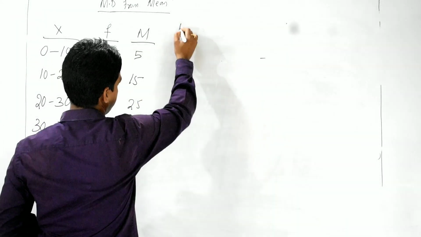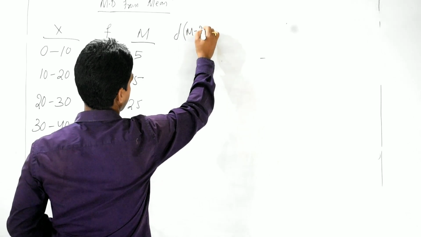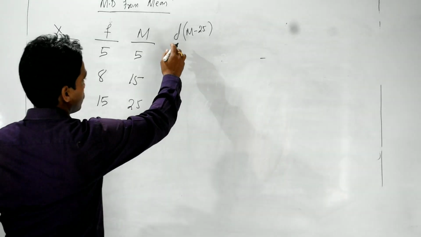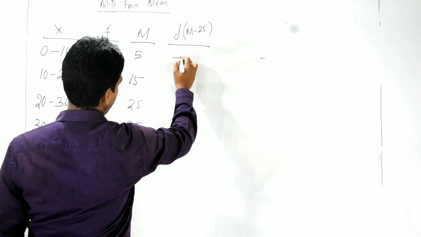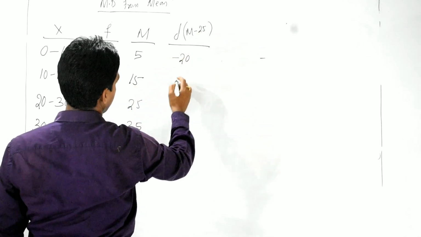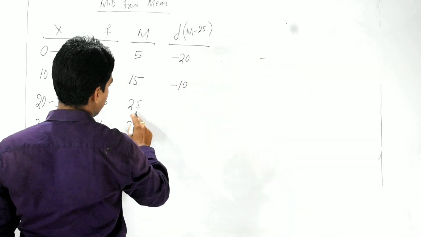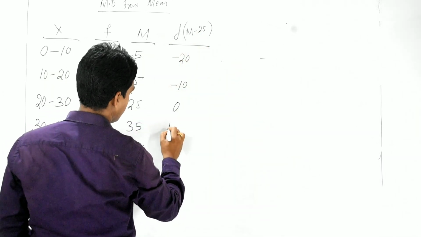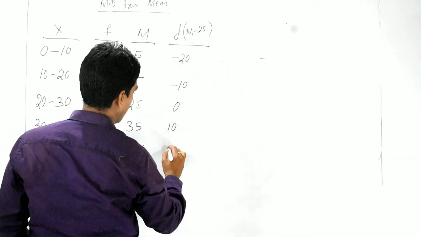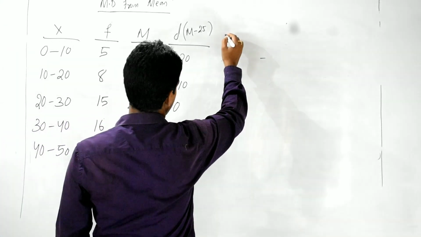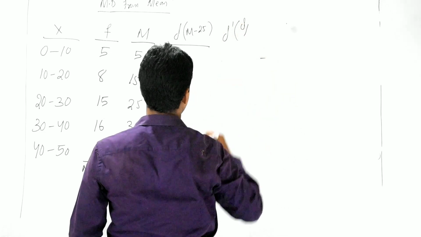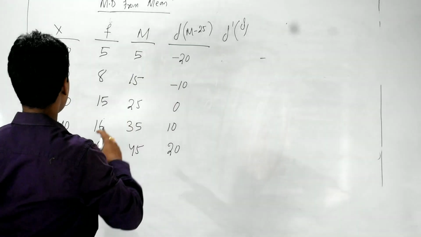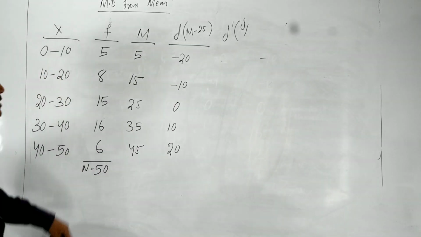Now find D, that is m minus 25, where 25 is taken as the assumed mean. So D equals 5 minus 25, minus 20; 15 minus 25, minus 10; 25 minus 25, 0; 35 minus 25, 10; 45 minus 25, 20. Now find D dash, that is D divided by the common factor, the class interval, which is 10.